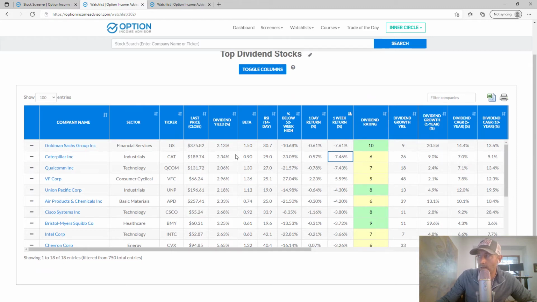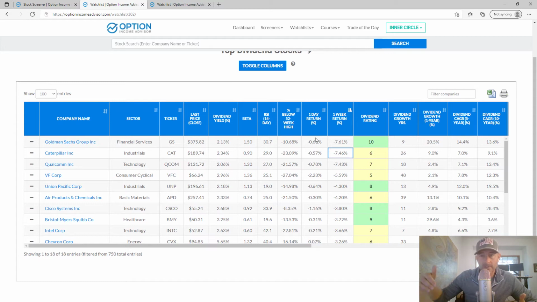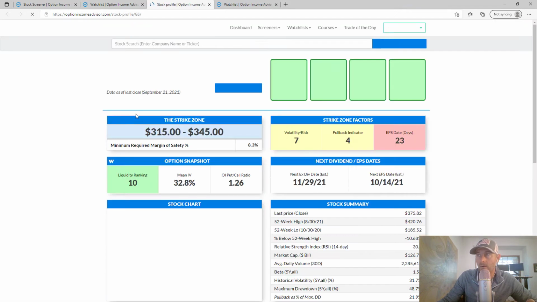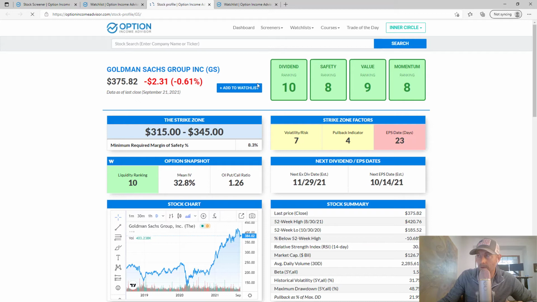And so when I look at a watch list like this, I'm looking for stocks that have pulled back. That is one metric I look at to say, okay, I know this stock has pulled back, so let's dig into it and figure out whether or not we want to own it. You can see Goldman Sachs has great ratings across the board.